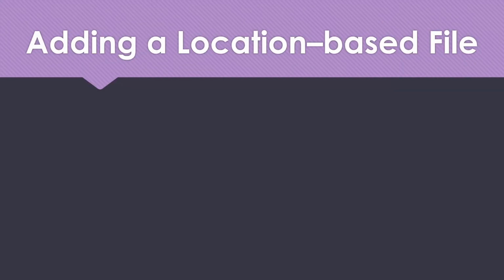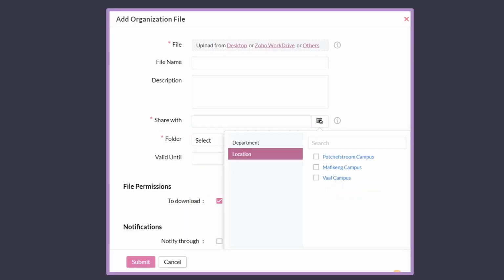And now, adding a location-based file. For companies operating in multiple locations, there may be a need to have different organization files for different locations. So, under Organization Files, you can add files specific to a specific location. To do this, navigate from your homepage, go to Files, Organization Files, and click Add File.